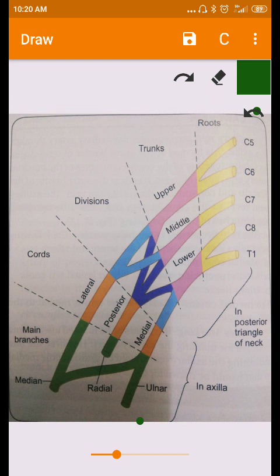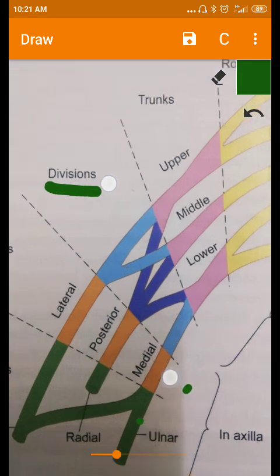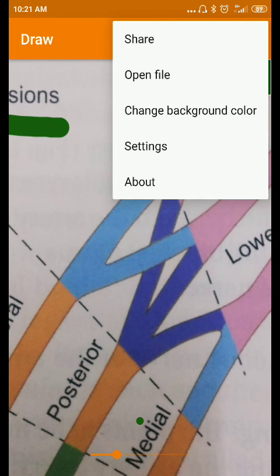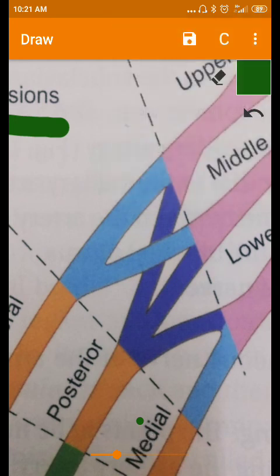After forming the trunks, the next stage is the division. Each trunk is divided into an anterior division, that is light blue in color, and a posterior division, that is thick blue in color, here in this picture. This is the anterior division of the upper trunk, and this one is the posterior division. Again, in the middle trunk, this is the anterior division and this one is the posterior division.